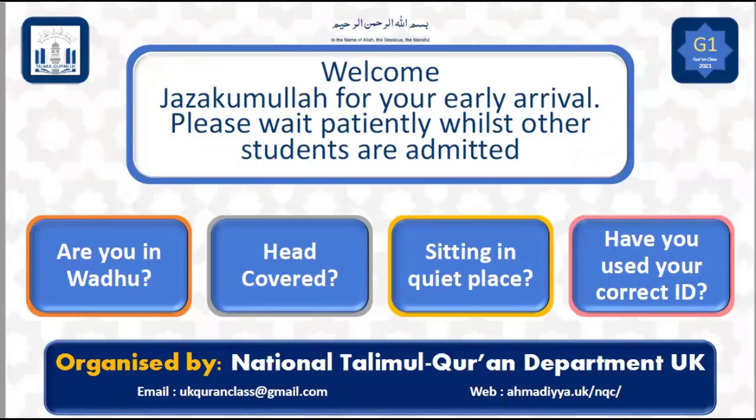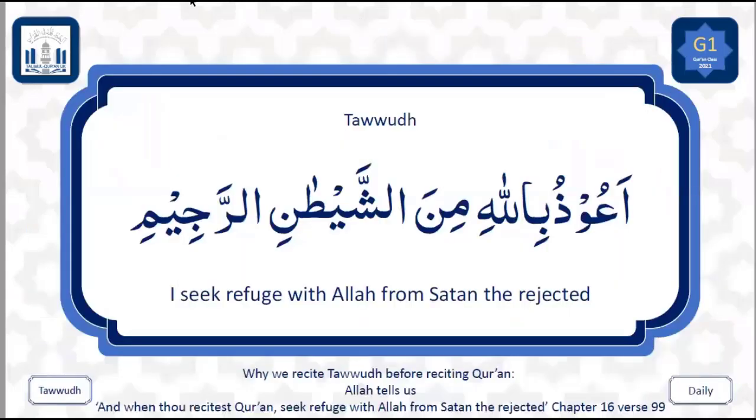So let's start our class today with the recitation of the Holy Quran. Could I request the support teacher to please kindly pick a student for the recitation? Jazakallah. G1435, please unmute themselves. G1435.